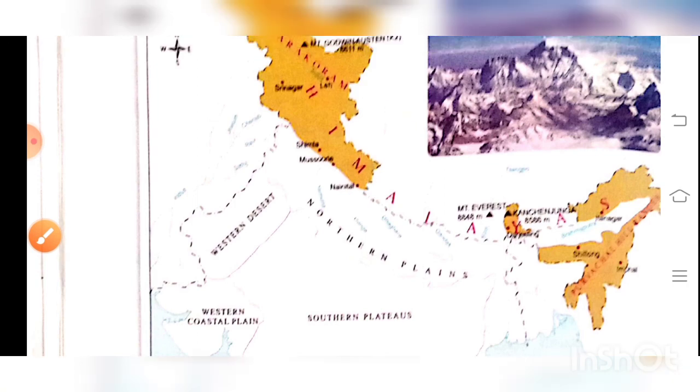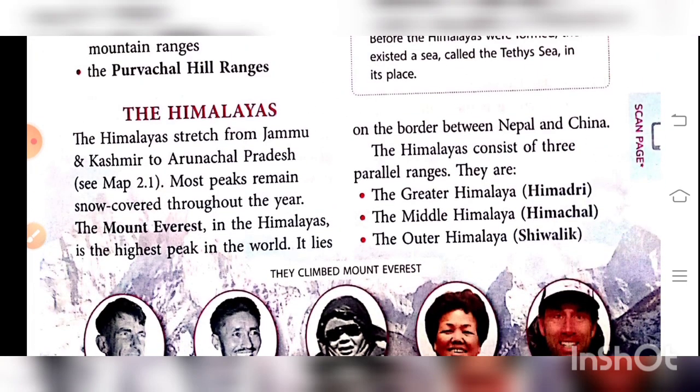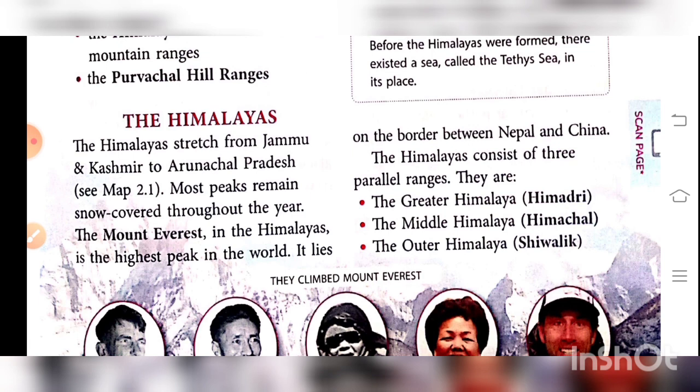Now come back once again to the text. The Himalayas consist of 3 parallel ranges. So students, these Himalayas are divided into 3 parallel ranges, समांतर श्रृंखलाएं में बांटी गई है. तो ये हिमालय पर्वत को 3 पैरेलल पर्वत श्रृंखलाओं में बांटी गई है.